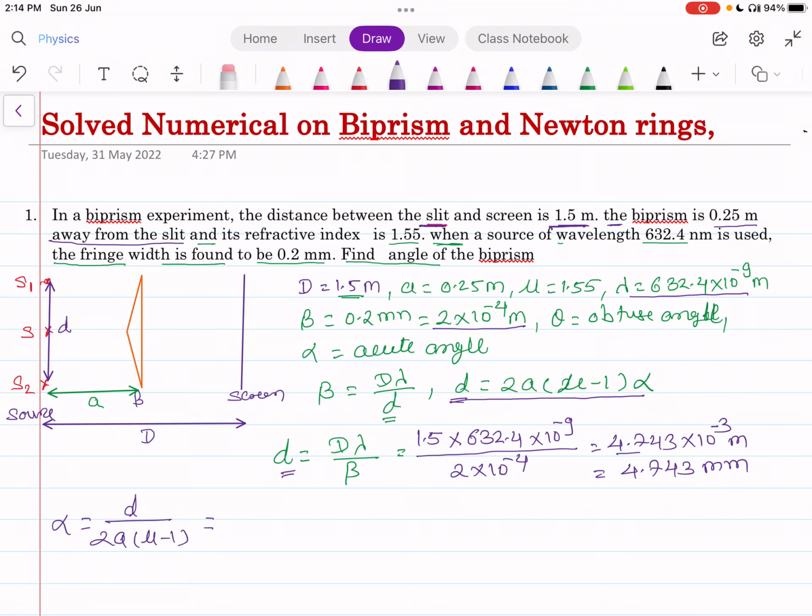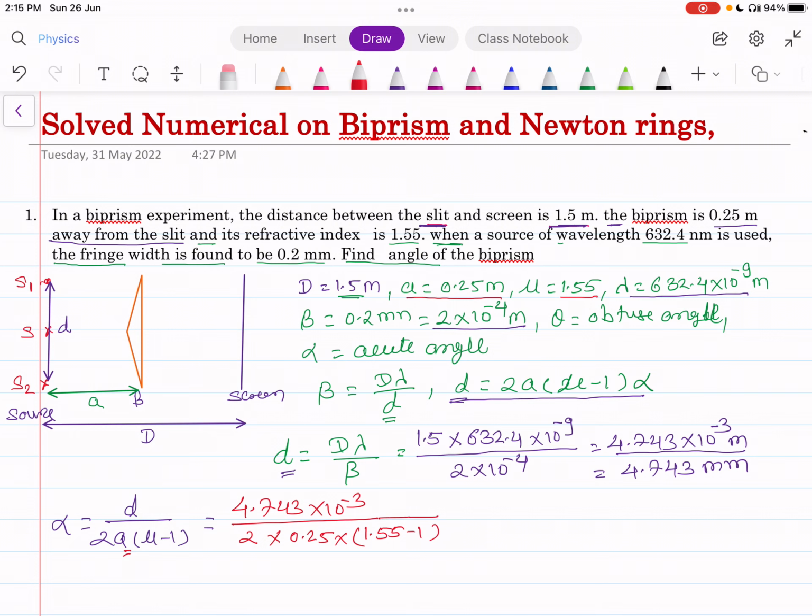Just now we got the value of d, which is 4.743 into 10 raised to minus 3 meter, divided by 2 into A. A is given here, the distance between the source and biprism, which is 0.25 meter, into mu, which is 1.55, minus 1.